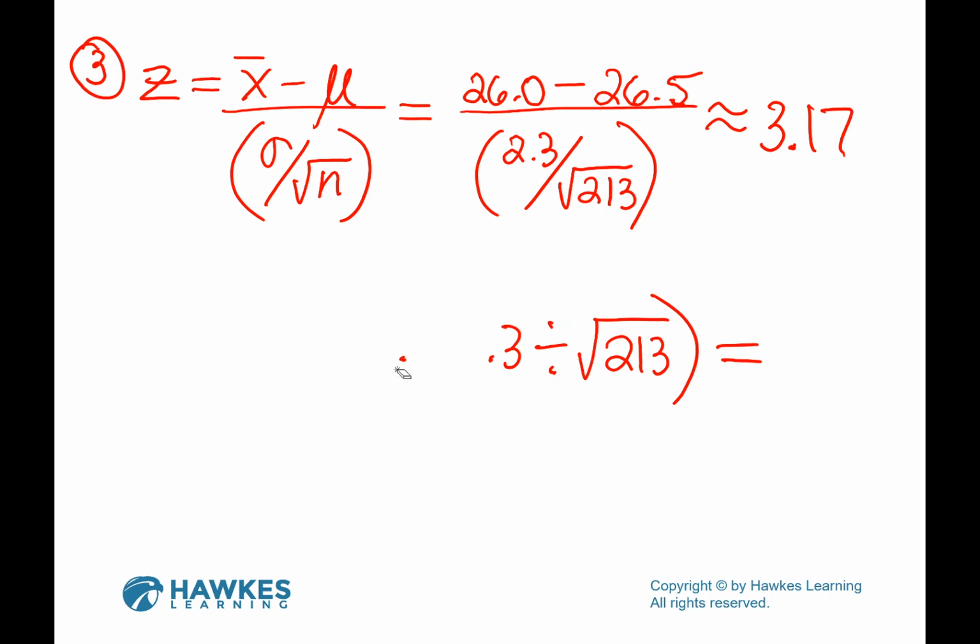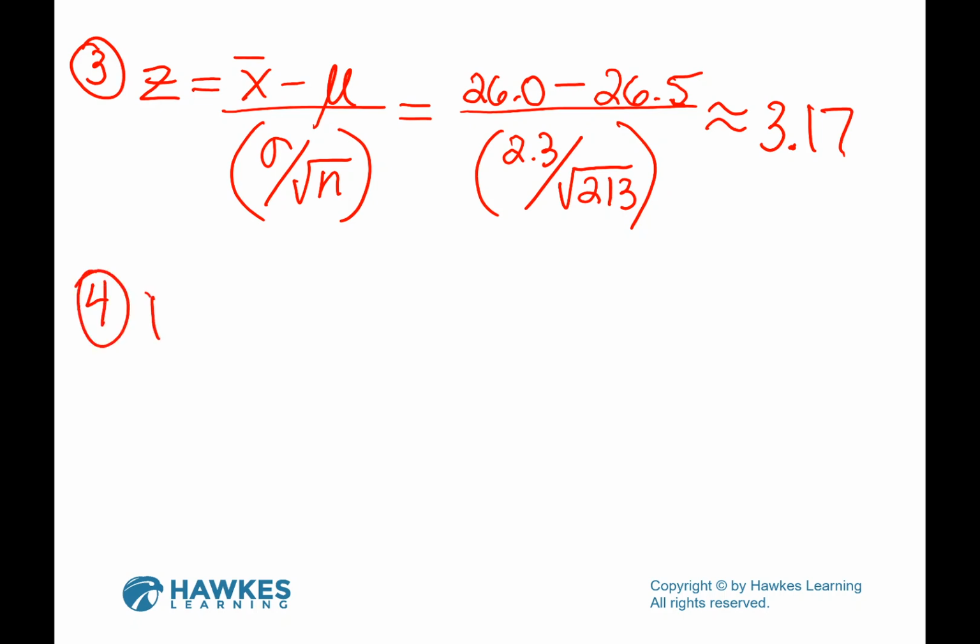So the only thing we're missing, we need some way to make our conclusion. I need to come up with a p-value. So for our p-value, and our test statistic is 3.17, well, we need to know which direction we care about the area.